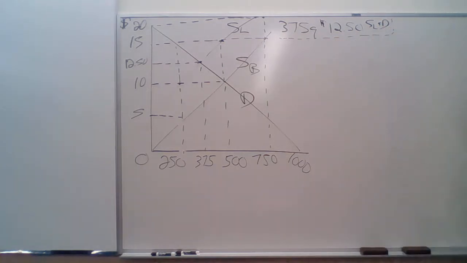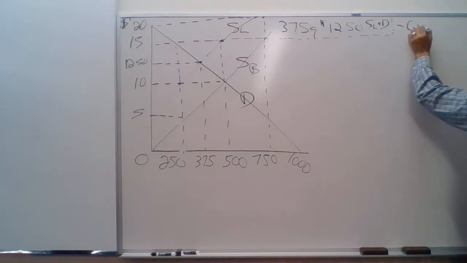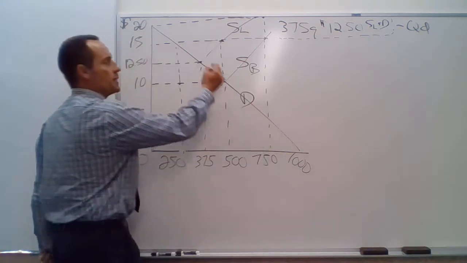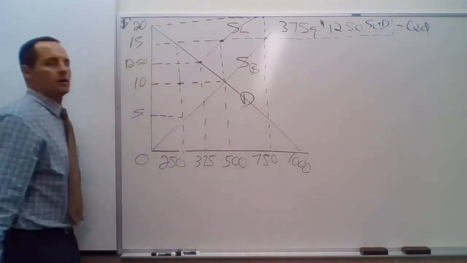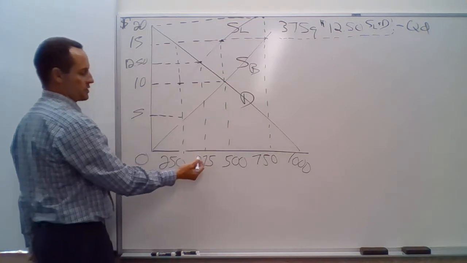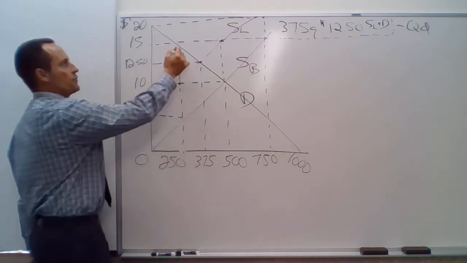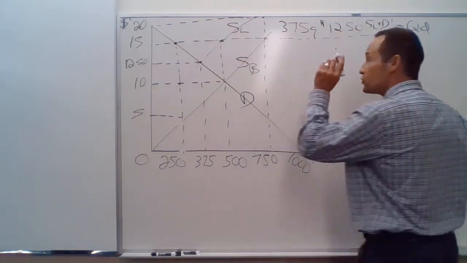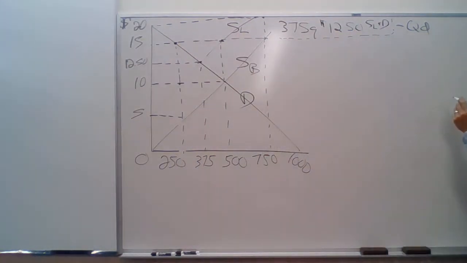So the first thing we'll do is, how about less quantity demanded? How do we get these people here to use less of this product? We get them to use less than 375. They'll use 250 if we raise the price to $15.